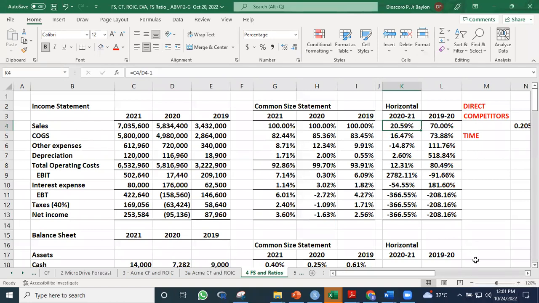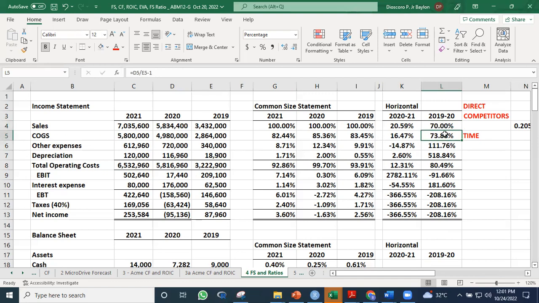No? Ang nakakatakot nito kung tumaas yung operating cost ng 12.31 tapos yung sales natin mas mababa yung tinaas. Just like yung period na 2019 to 2020. Okay, take a look at this. Sales went up by 70%. From 3.4 million naging 5.8 million. Cost of goods sold tumaas ng 73.88%. Ibig sabihin kinain na yung increase ng 70% natin sa sales, not even enough.